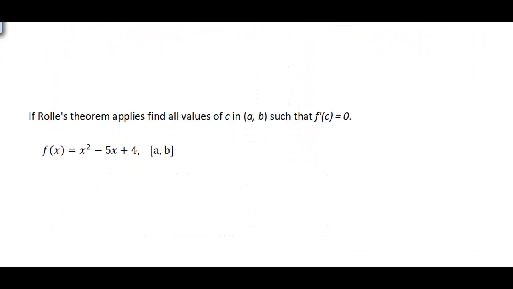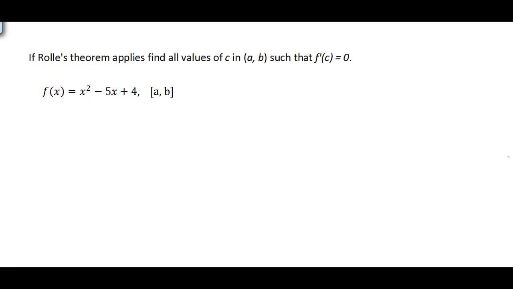Okay, so let's look at an example. There's not a whole lot to this theorem. Again, it's just proving there exists this number in the interval from a to b. So let's look at an example here. They state that if Rolle's theorem applies, we want to find all values of c in the interval a to b such that f prime of c equals 0.